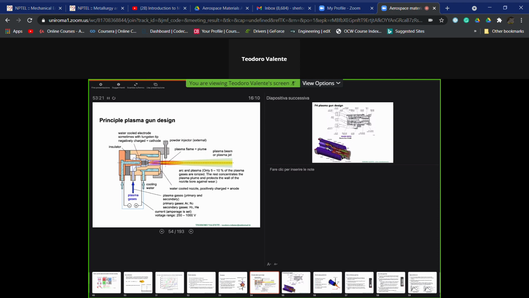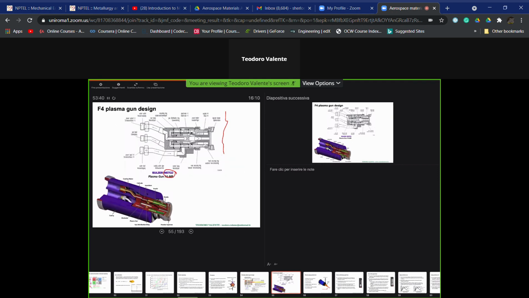Inside this cylinder, we have the inlet of the gases which are used to form the plasma. You see here they flow through the annular space where we have the anode and the cathode that we have discussed before.